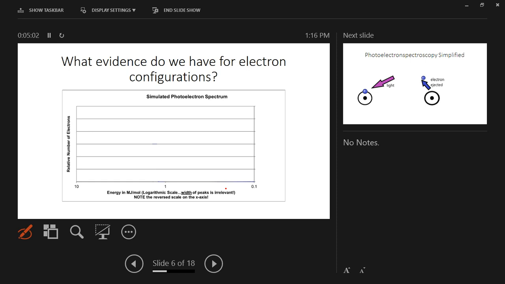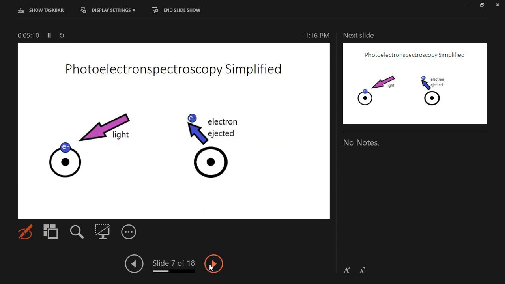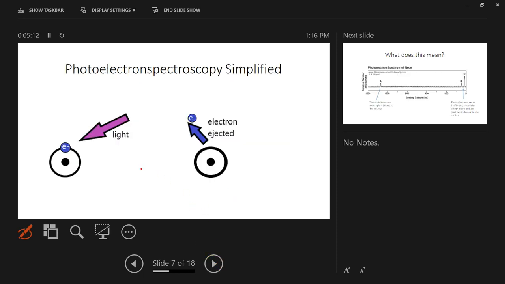So how does this work? Well, if you've taken AP chemistry, you've probably talked about this, but if you haven't, let me give you a really brief rundown. In photoelectron spectroscopy, you have light coming in, and I have this light purple because it's usually high ultraviolet light, possibly X-rays, that are shined on the atom, and then the electron absorbs that energy and is ejected.